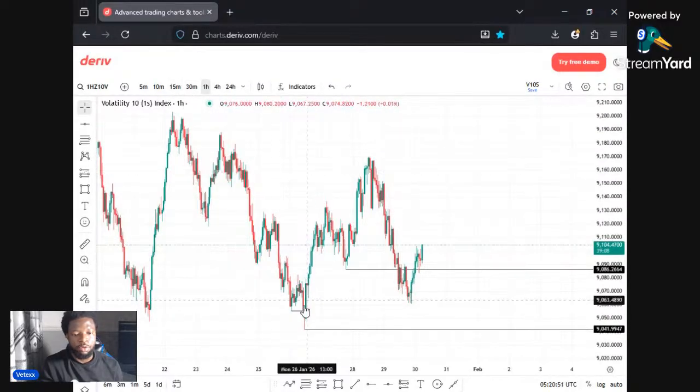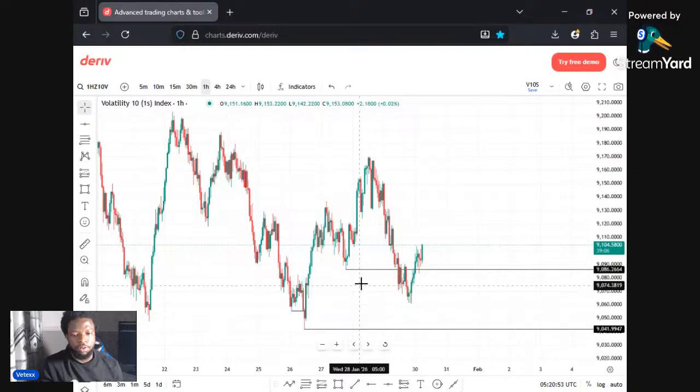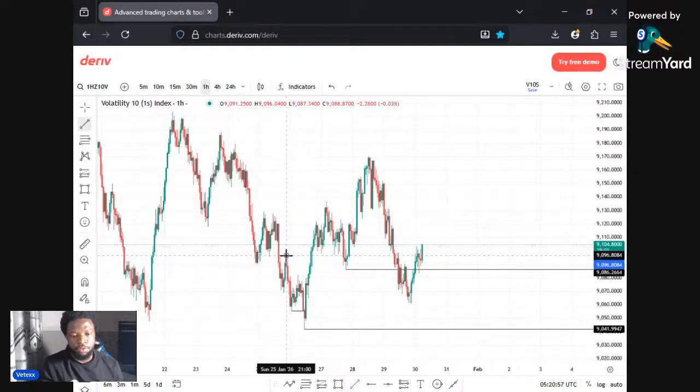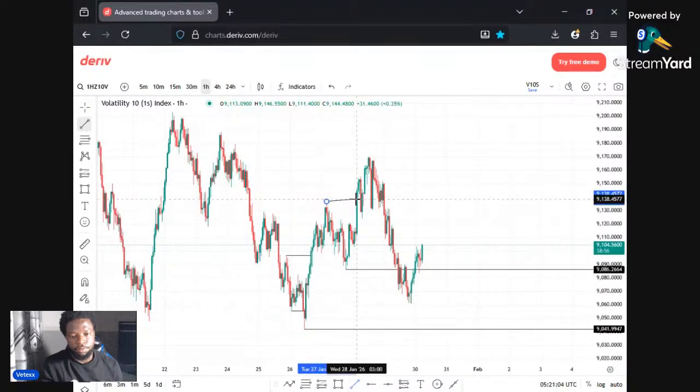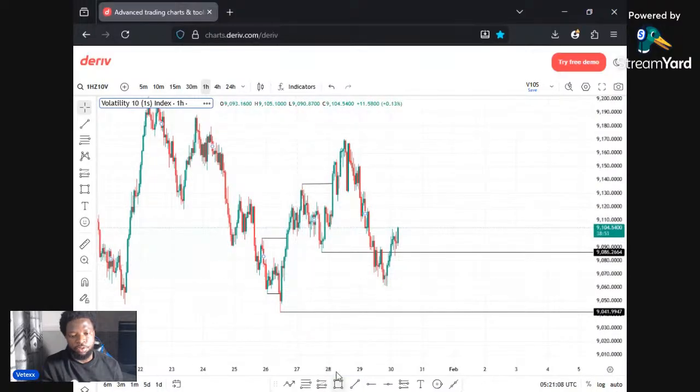You can see sweep of liquidity, structural liquidity, first break of structure here. Then we have our second break of structure here. Price has already tapped into the point of interest, and this is the starting point. This is going to be the finish point.